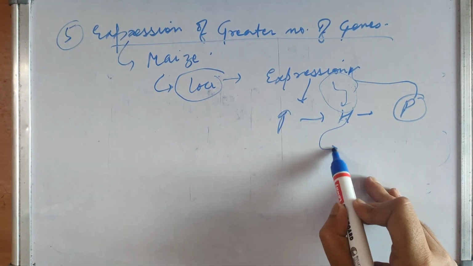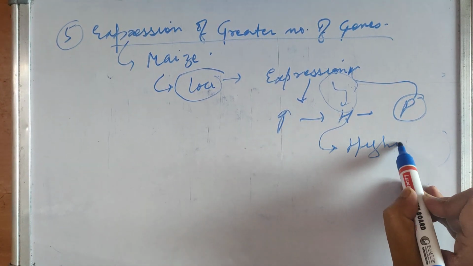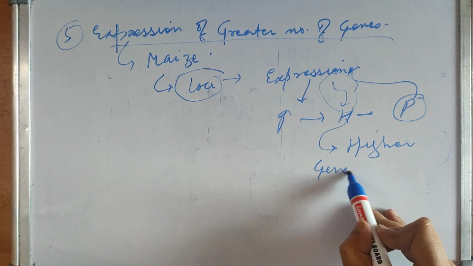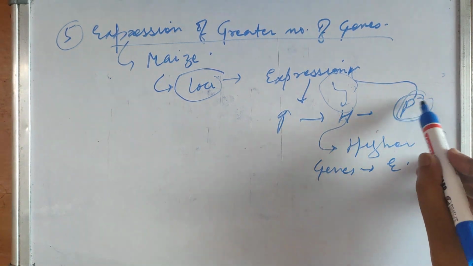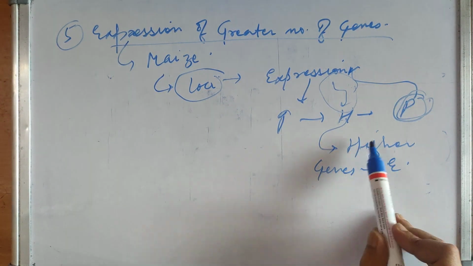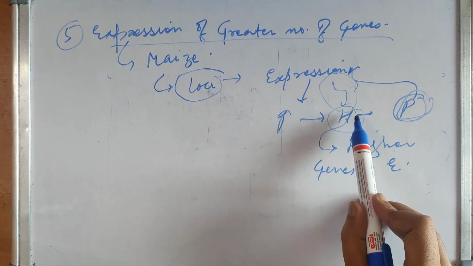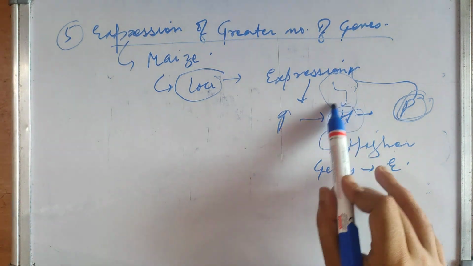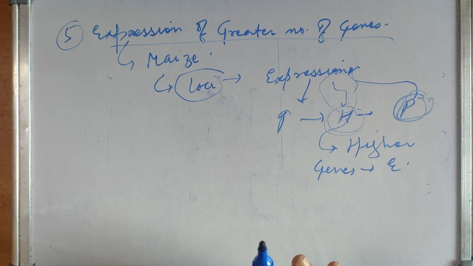So in the hybrids, a higher number of genes are expressed. In parents, fewer genes express themselves as compared to their hybrids. I hope you understand this.